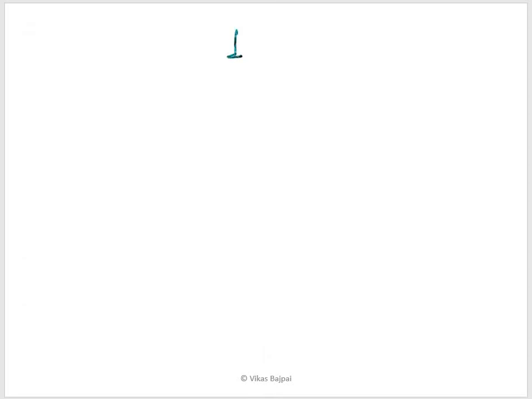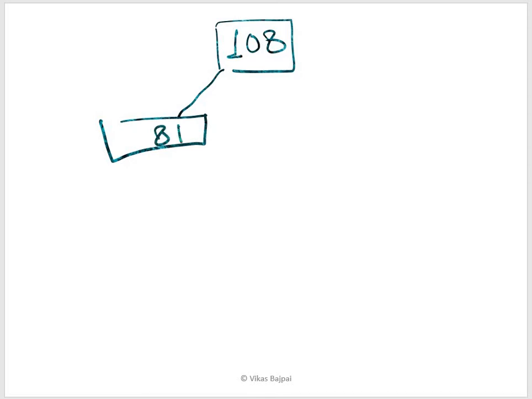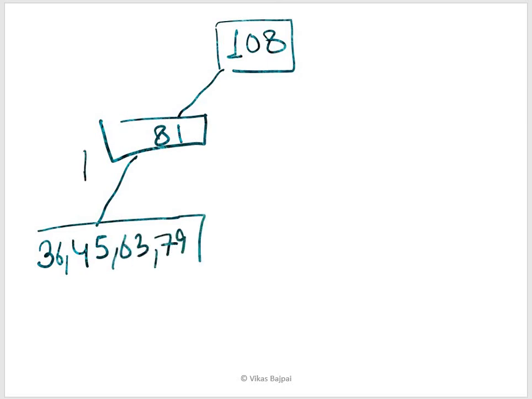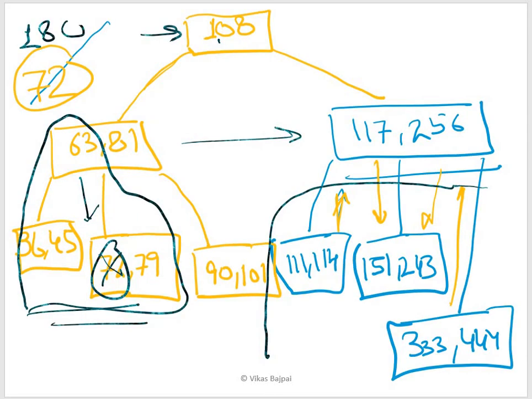So at this moment I have 108, and on this side I have 81, and to this 81 I have all those values which are merged, which is 36, 45, 63, which I brought down, and then 79. 36, 45, 63 and 79, 72 deleted, 81 left alone.